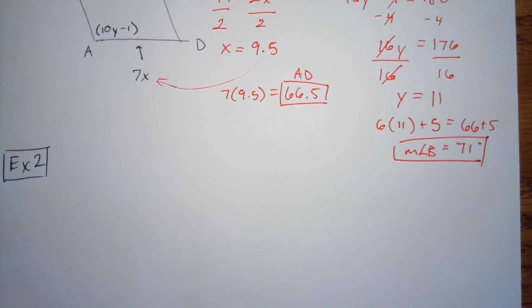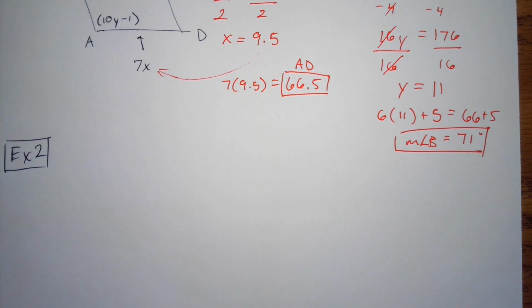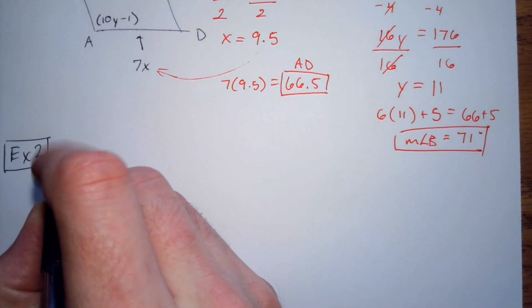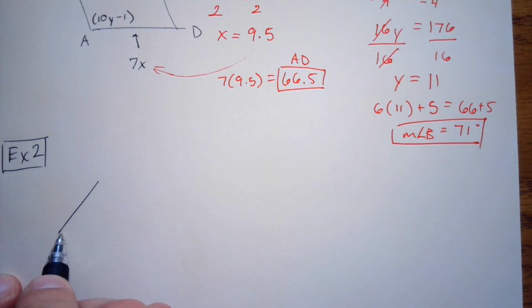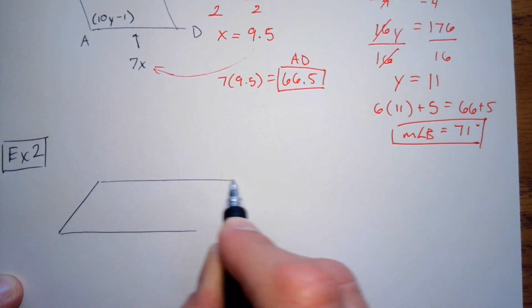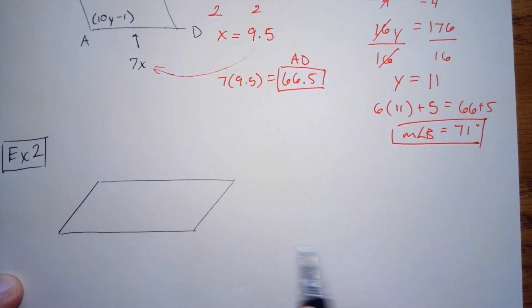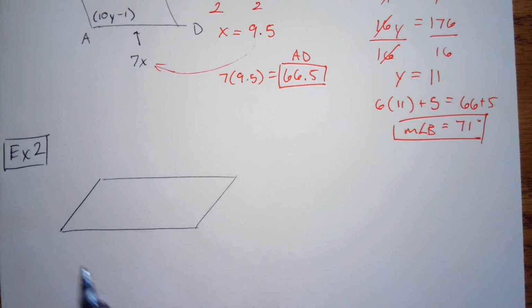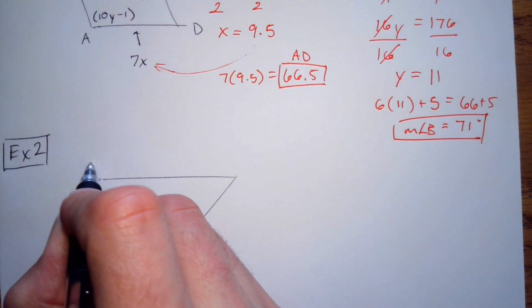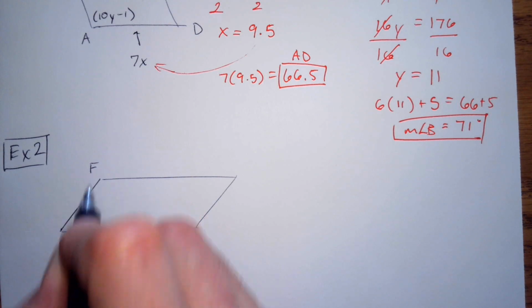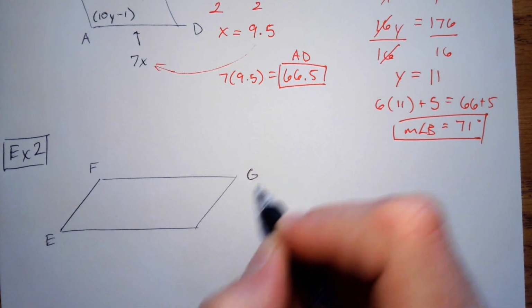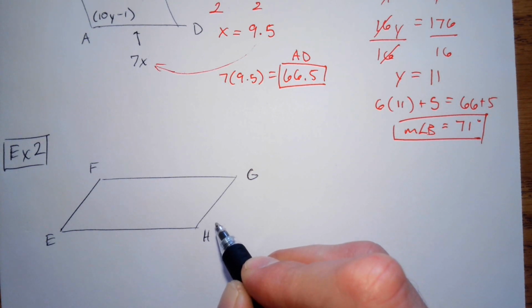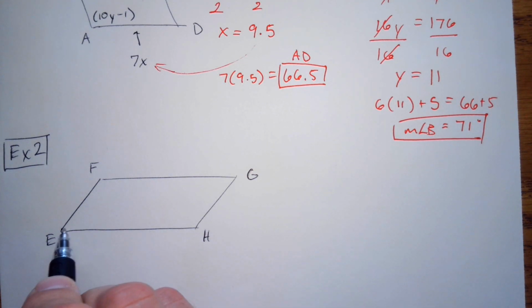All right, this will be the last example. So I'm going to say we have another parallelogram, E, F, G, H. Draw their diagonals as well.